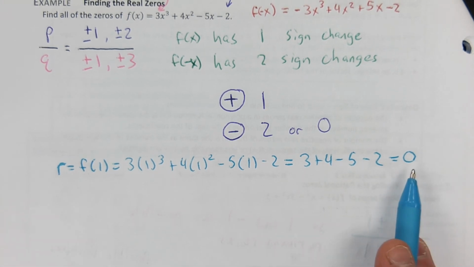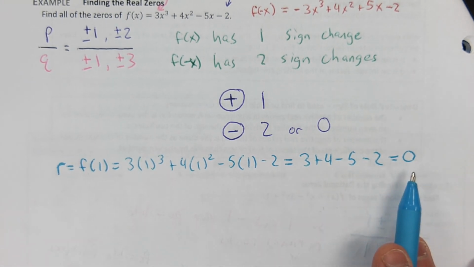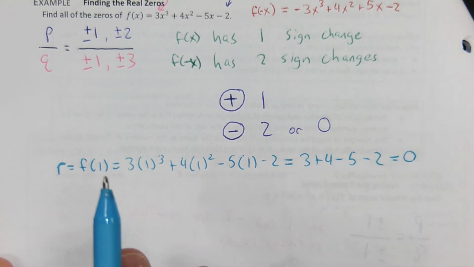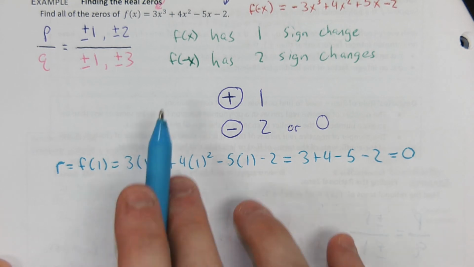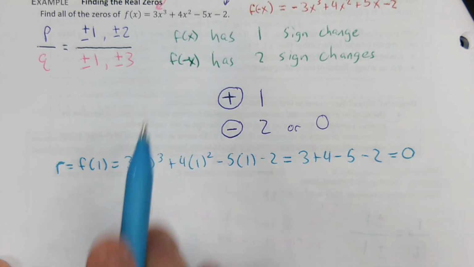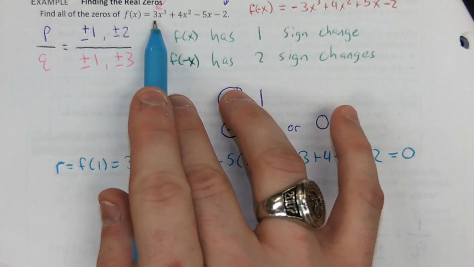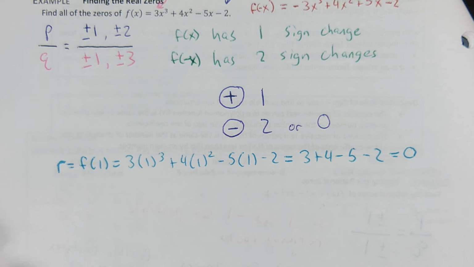This worked. What does that tell us? That tells us that x minus 1, because remember this was a 0, x minus 1 is a factor of this. This is a cubic.